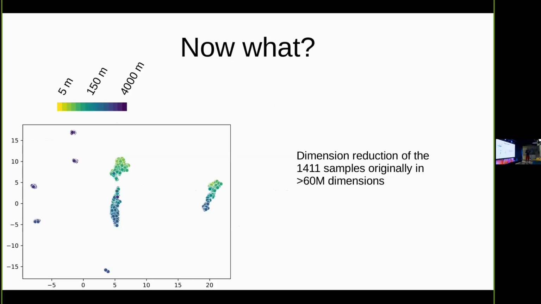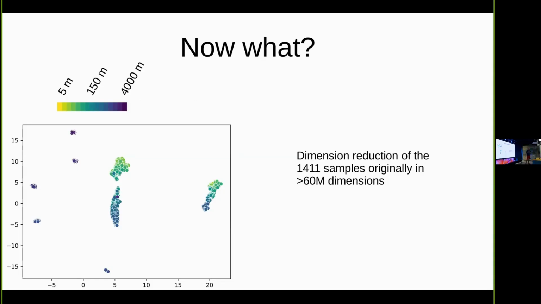Now, what can we do? The first thing I did with the hot time series is try to apply a dimension reduction algorithm on it. I had more than 1,400 samples in more than 60 million dimensions. That is, I need 60 million genes to describe the entire data set.